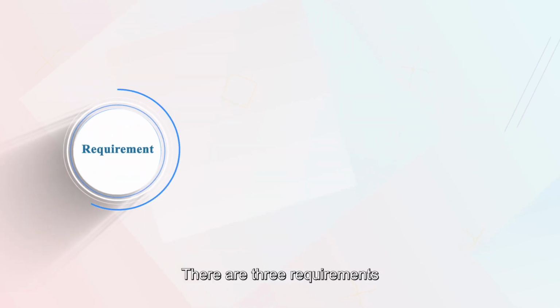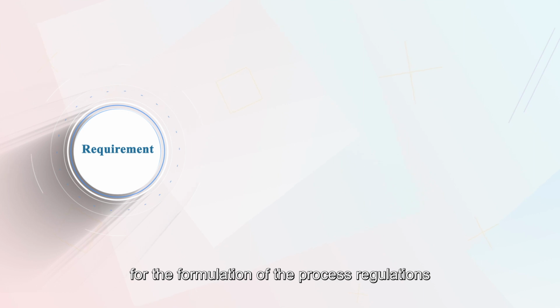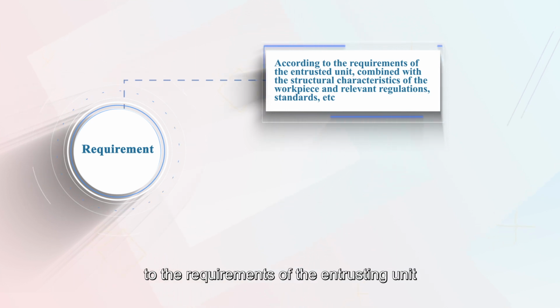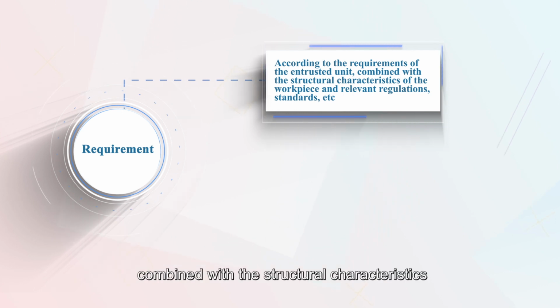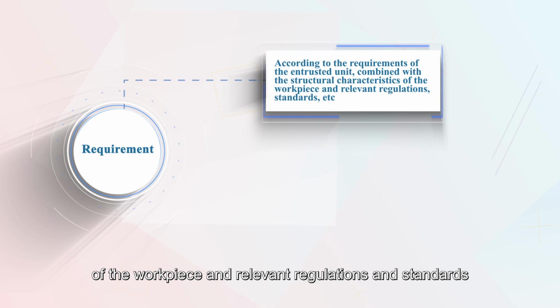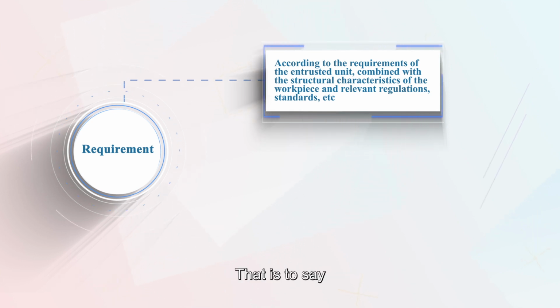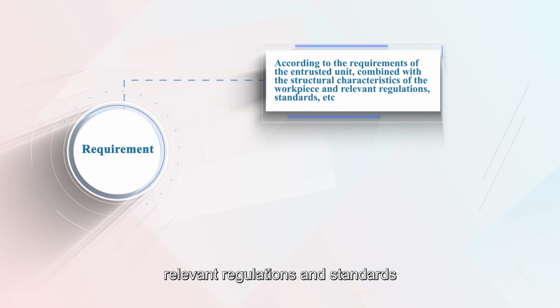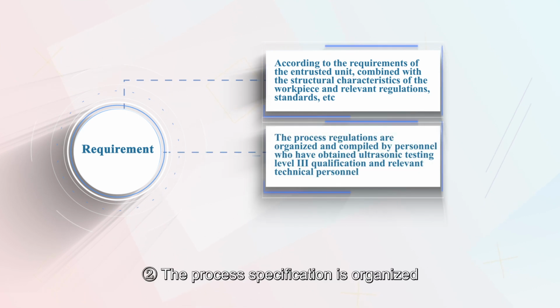There are three requirements for the formulation of the process regulations. 1. The process regulations are compiled according to the requirements of the entrusting unit, combined with the structural characteristics of the workpiece and relevant regulations and standards. That is to say, the process regulation should not violate relevant regulations and standards. 2.